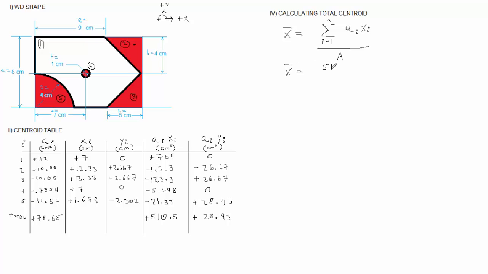So it's 510.5 cubic centimeters divided by 78.65 square centimeters. Don't forget to include the signs on both of those values. So the answer is a positive 6.491 centimeters. We do the same thing for y bar.